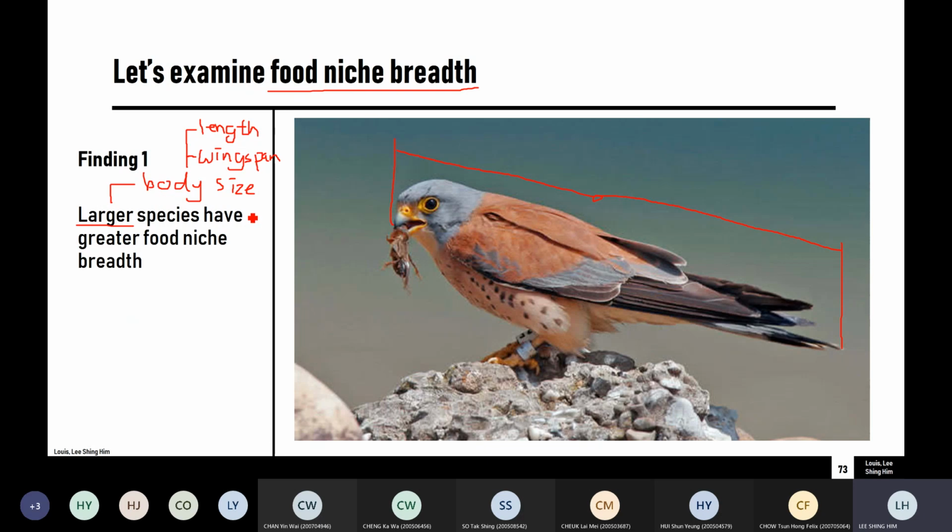If a raptor is larger, then it has a tendency to include more types of prey in its diet. So larger body, more types of prey. Positive association. As body size increases, types of prey increase.